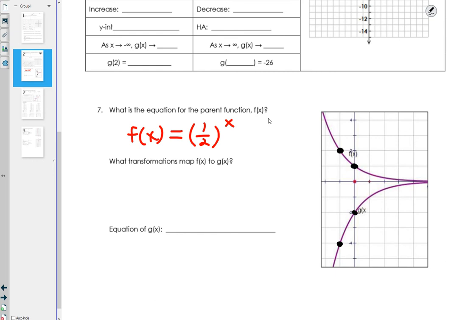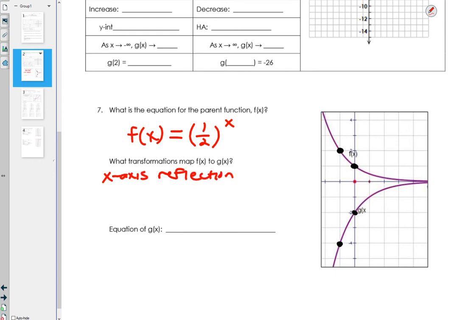Regardless of the points, what's the most obvious transformation that's occurred? A reflection, yeah, there's definitely a reflection. This definitely flipped over the x-axis, so we have an x-axis reflection.